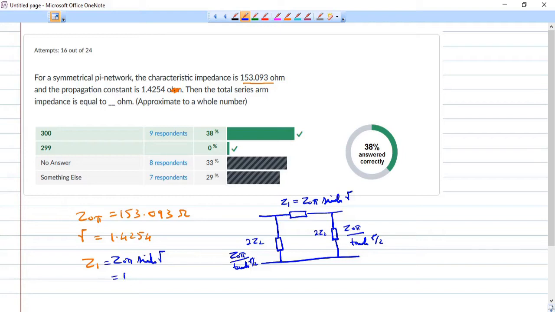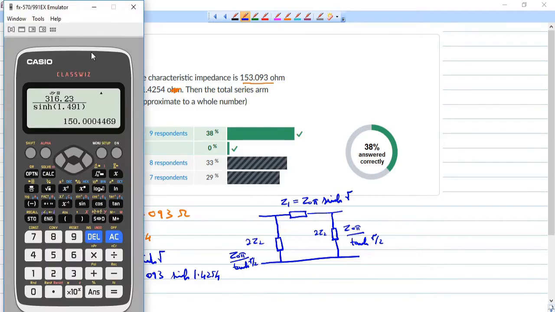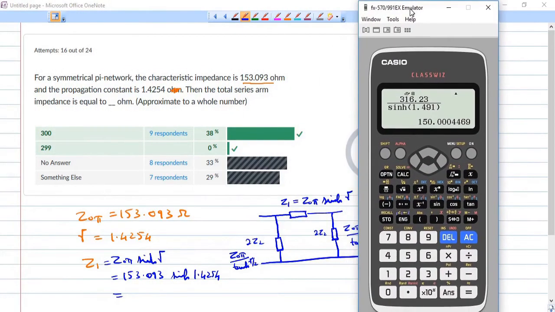So that is equal to 153.093 sinh 1.4254.